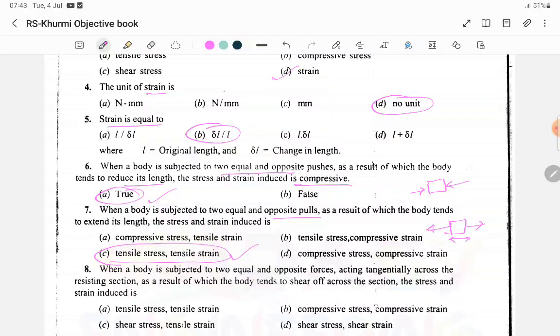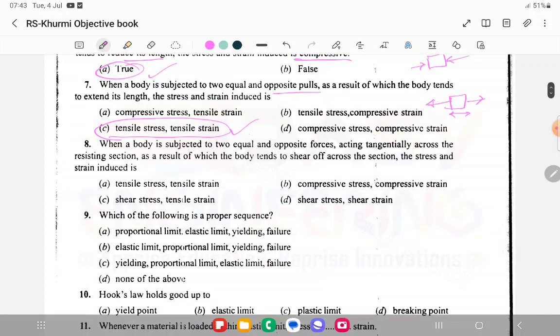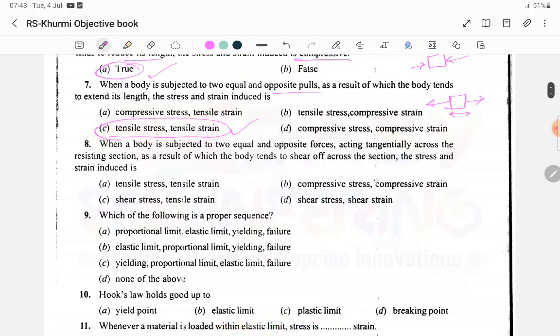Next. When a body is subjected to two equal and opposite forces acting tangentially across the resisting section, as a result of which the body tends to shear off across the section, the stress and strain induced are shear stress and shear strain.